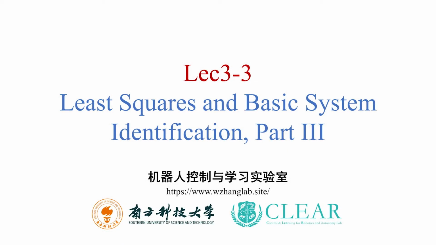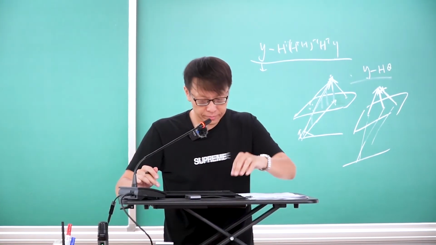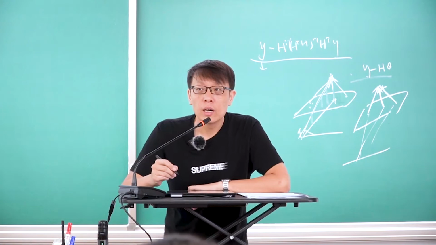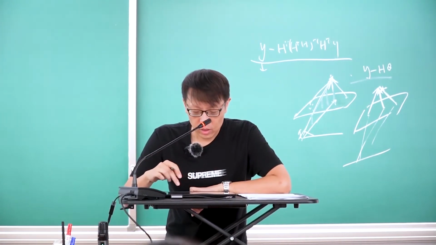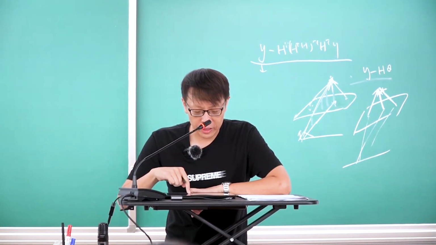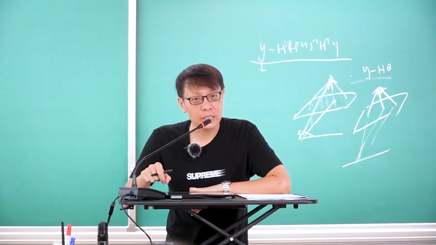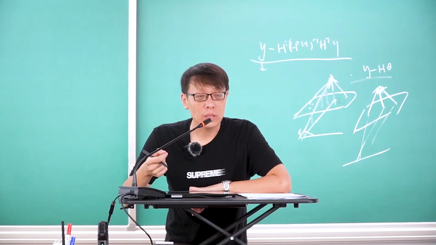Okay, let's get started. Let's continue the discussion now. We have been using the same set of data to do a line fitting and exponential fitting. The data is the same, your model is different.